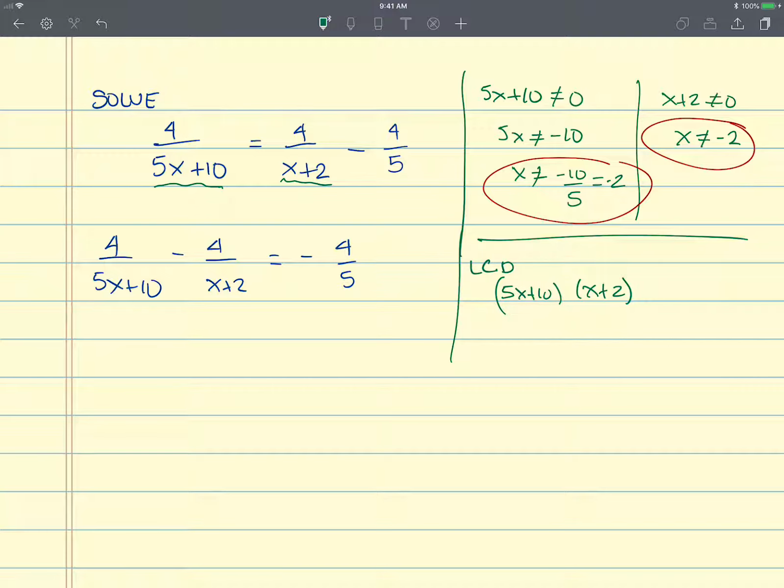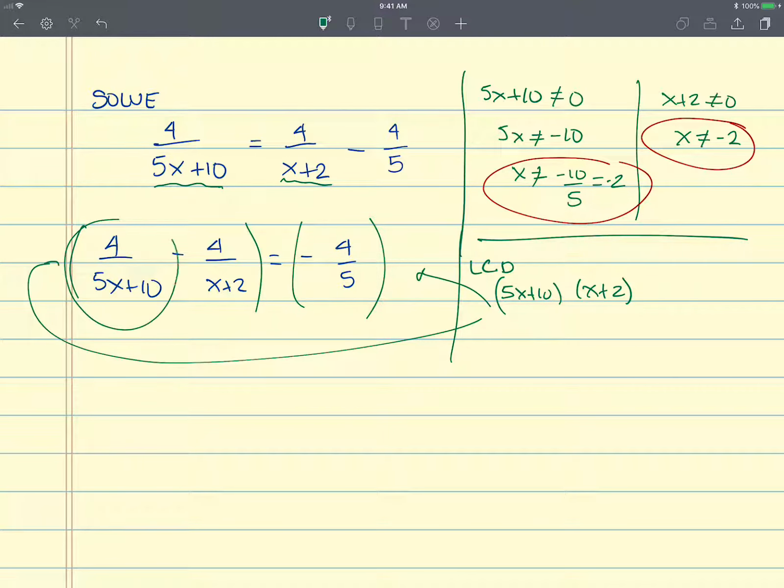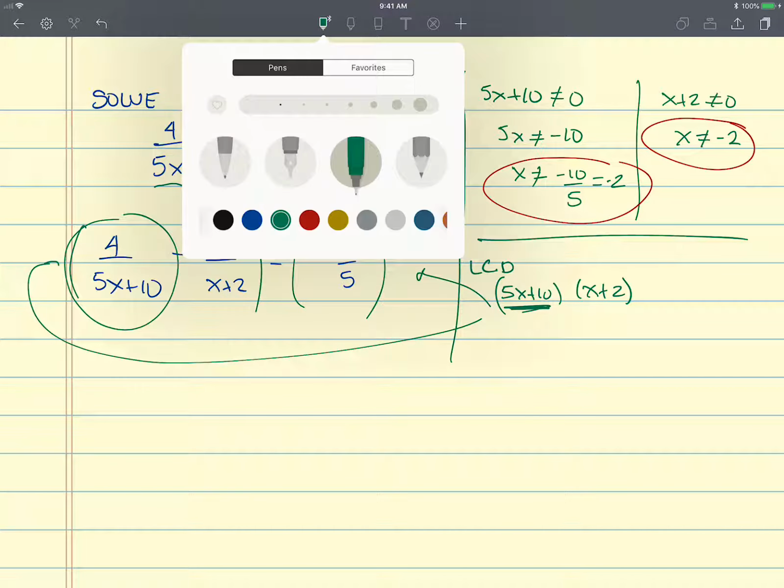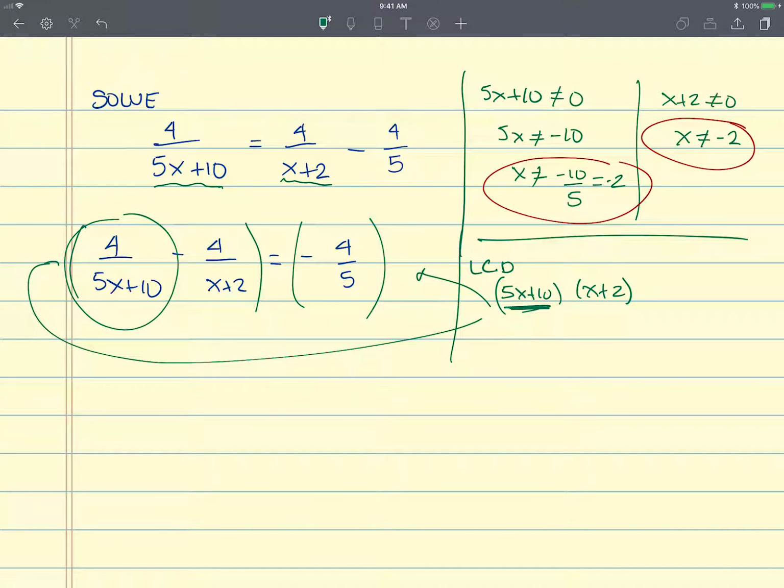I'm going to multiply everything on the left and everything on the right by this. If I multiply the first term by that, the 5x plus 10 cancels, so I really only have the term x plus 2 times that 4.